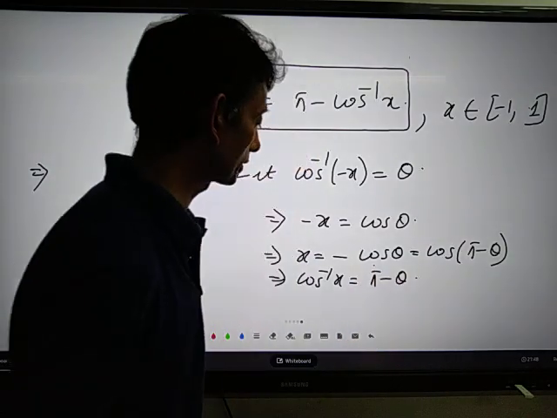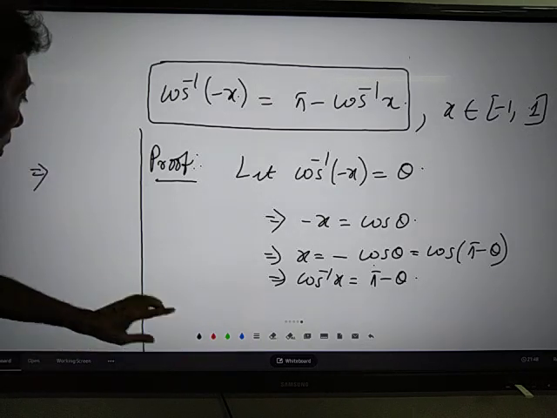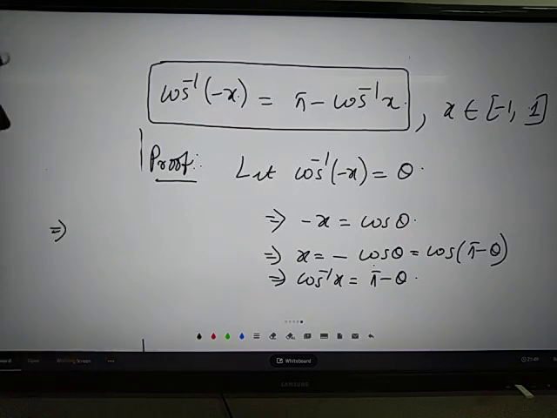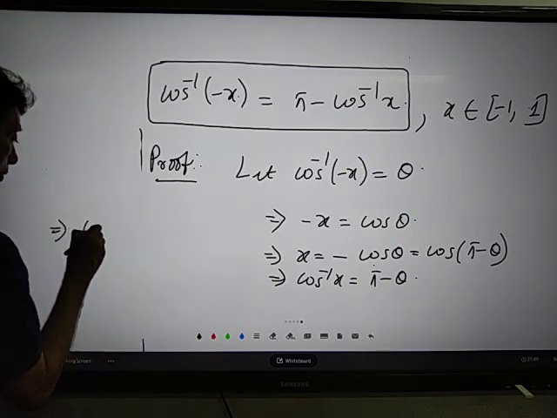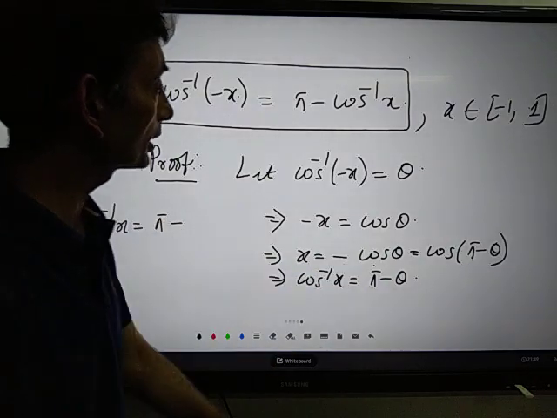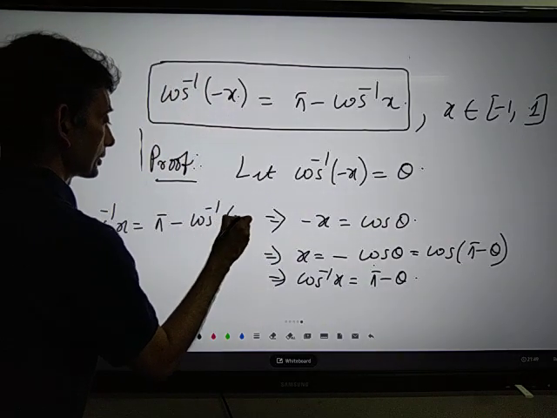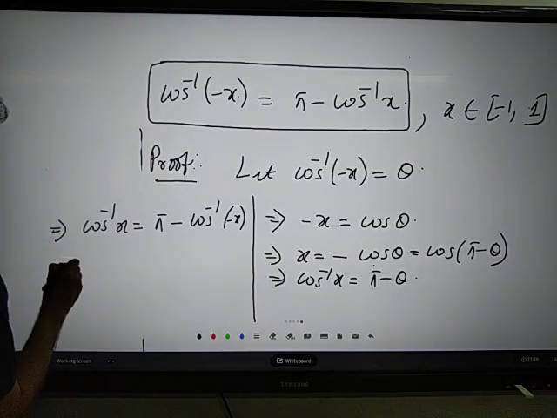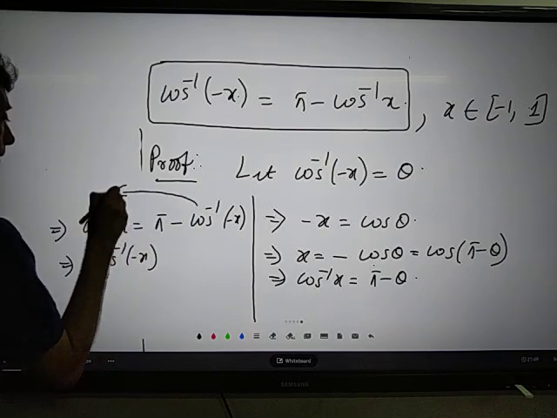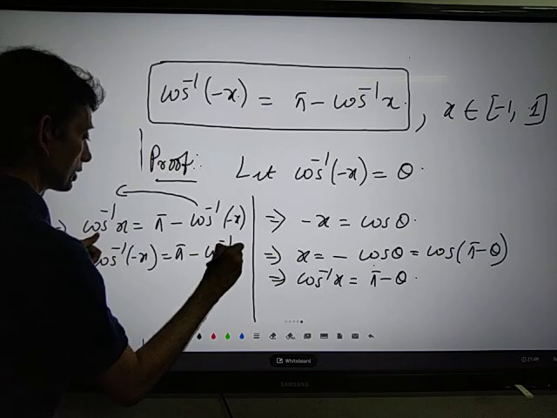Now, what is the value of theta? Theta is cos inverse of minus x. So if you transpose cos inverse of minus x to this side, cos inverse of minus x equal to pi, and you can transpose cos inverse x.